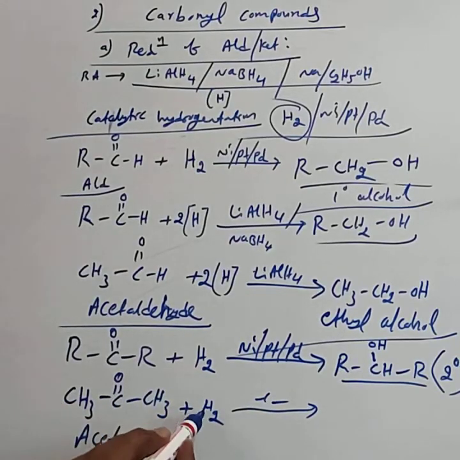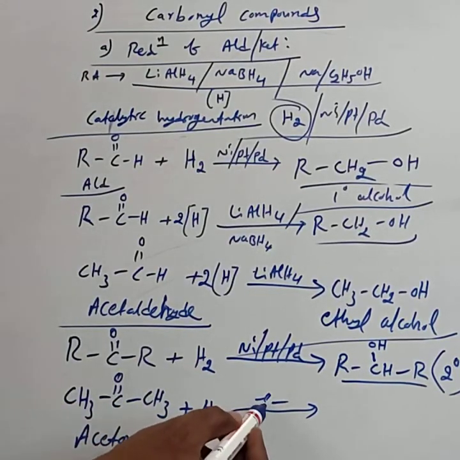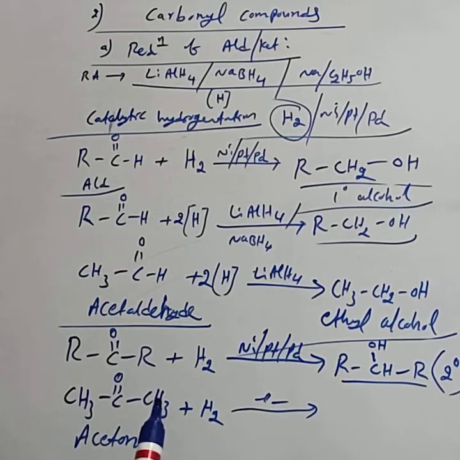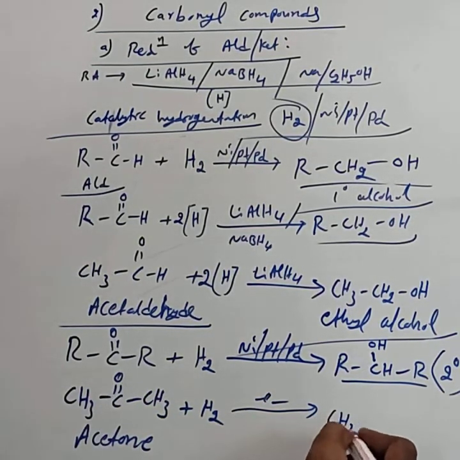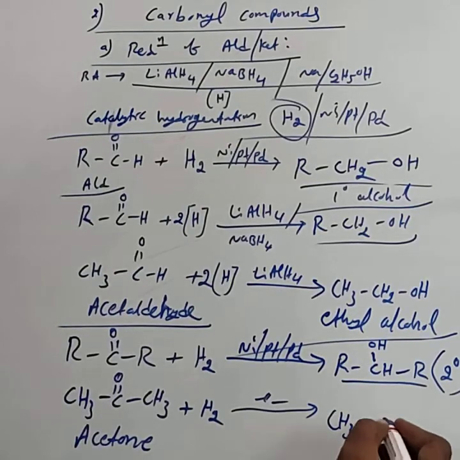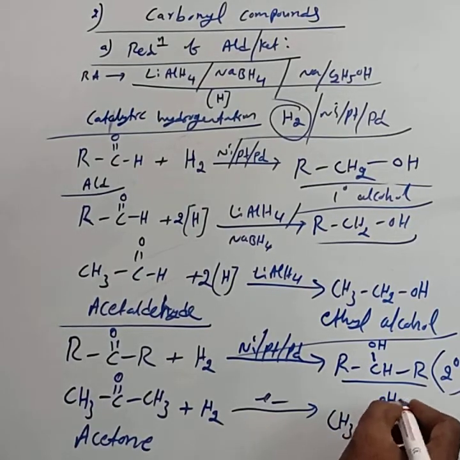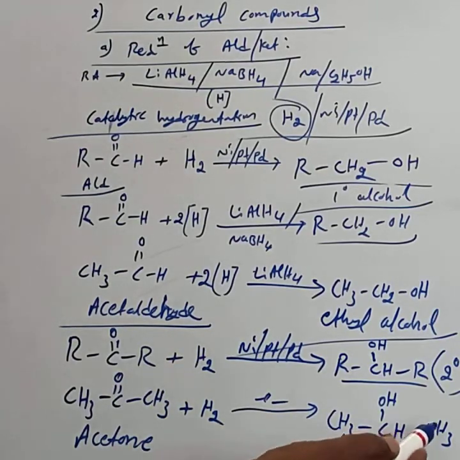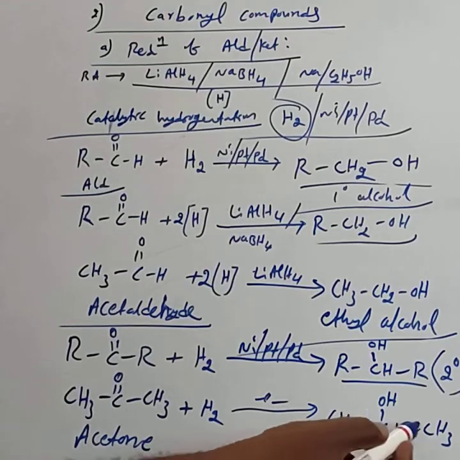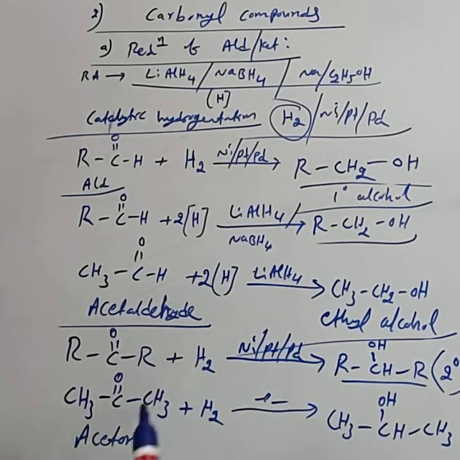If you use H, then you mention LiAlH4 or NaBH4. Same, this CO is converted into CHOH, with the CH3 groups retained. The double bond is converted into a single bond, giving CH3CHOHCH3. This is called isopropyl alcohol, as CH3 is present on either side.